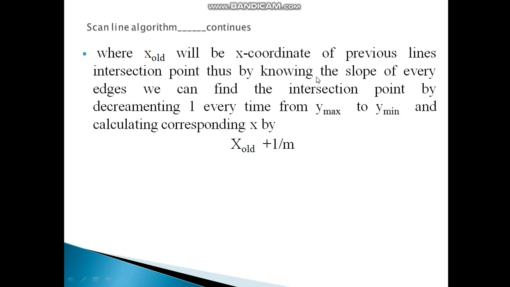Thus, by knowing the slope of every edge, we can find the intersection points by decrementing y by 1 every time from y max to y min, and calculating the corresponding x value as x old plus 1 upon M.